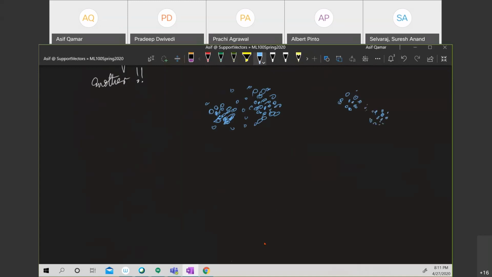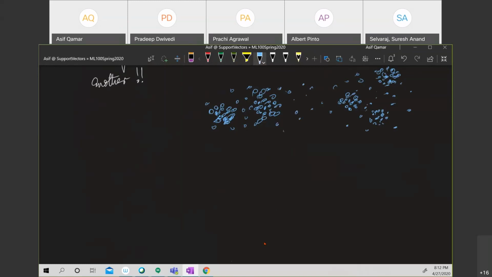And another cluster here. And to add to the noise, let me add a situation like this. Now imagine that obviously there are some outlier points here and there.